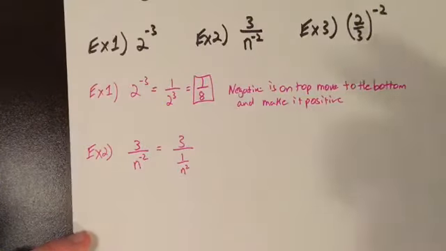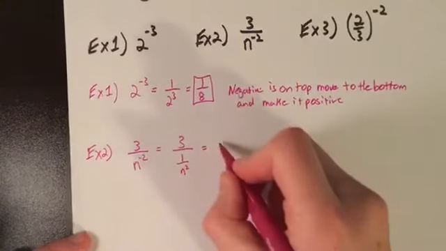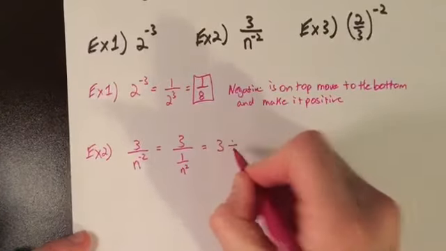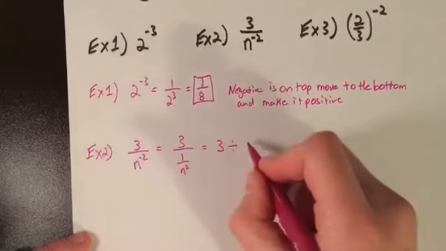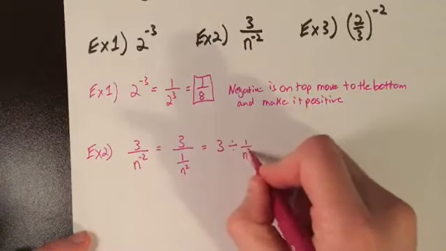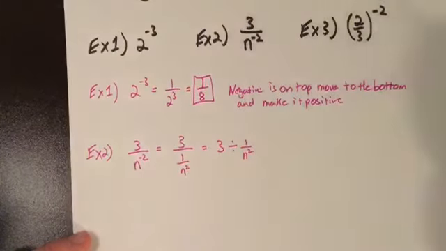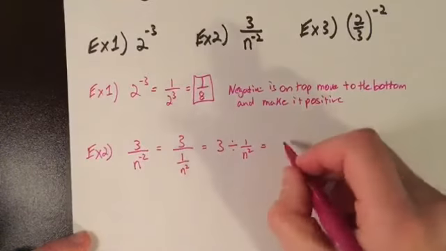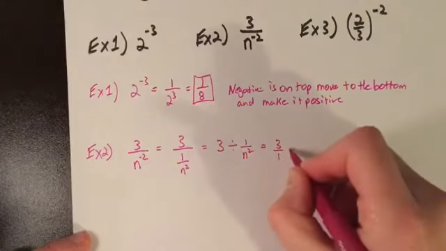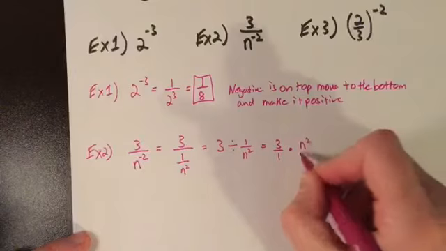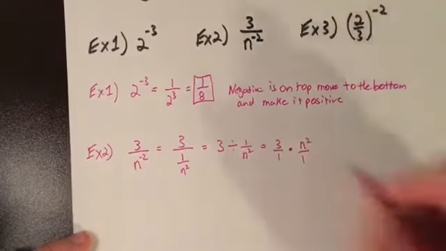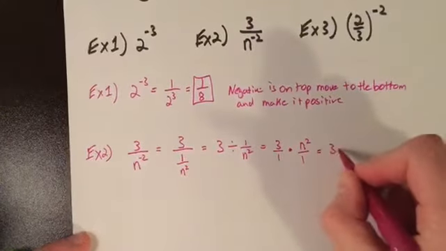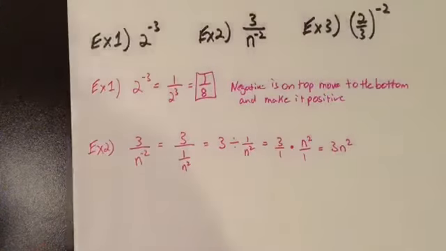Can't have a complex fraction. What this is really telling us is 3 divided by 1 over n squared. How do we divide fractions? Well, we keep, change, flip, which gives us 3n squared.